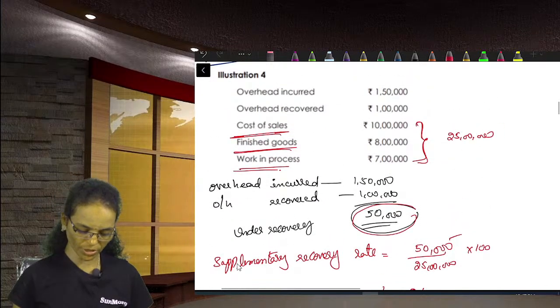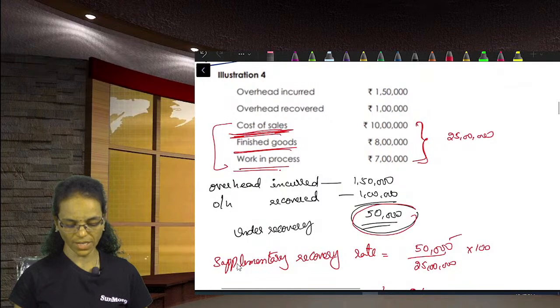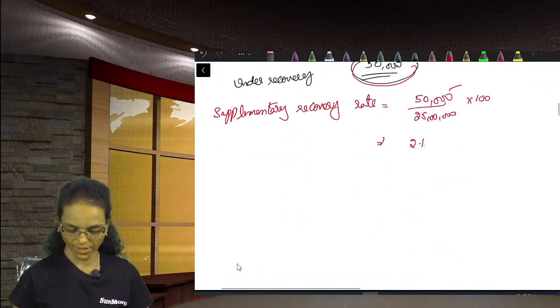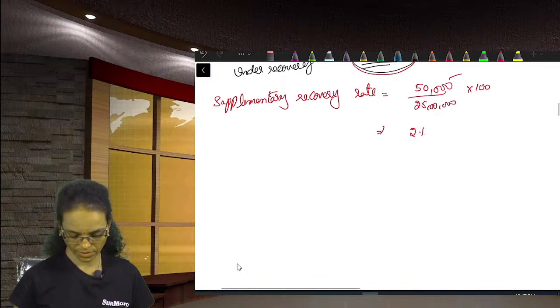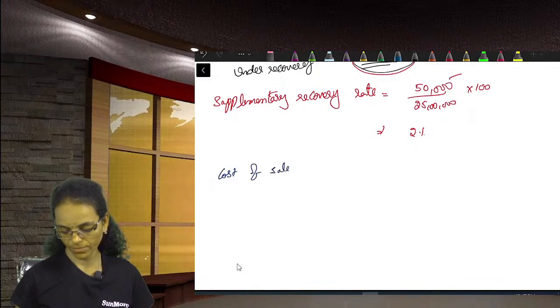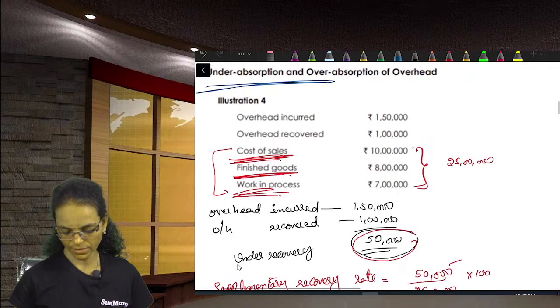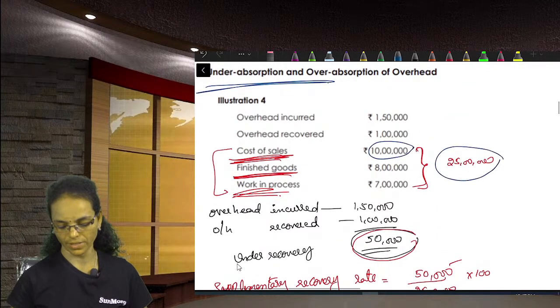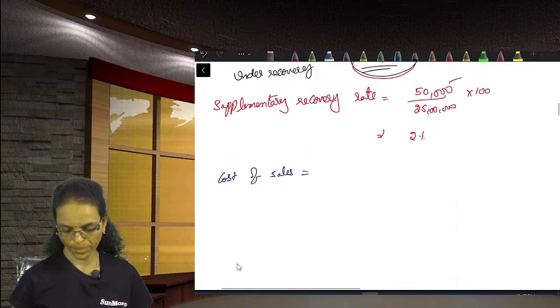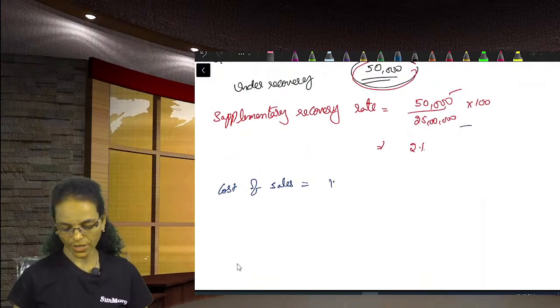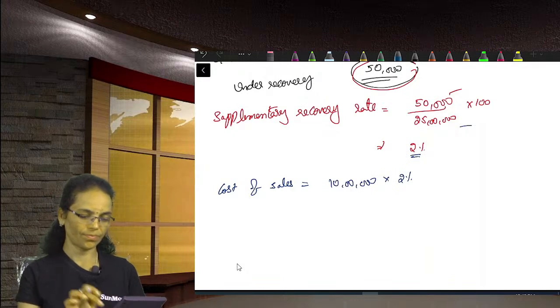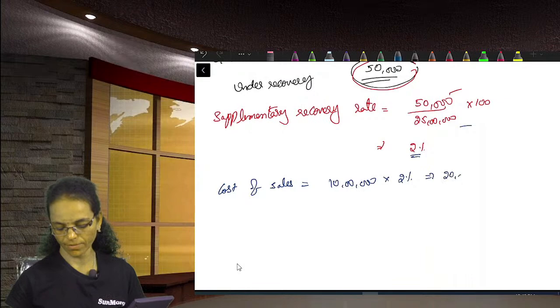How will we distribute among cost of sales, finished goods and work in progress? First one is cost of sales, 10 lakhs into 2% is 20,000 rupees.